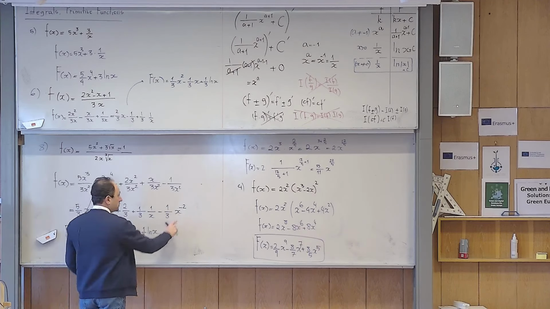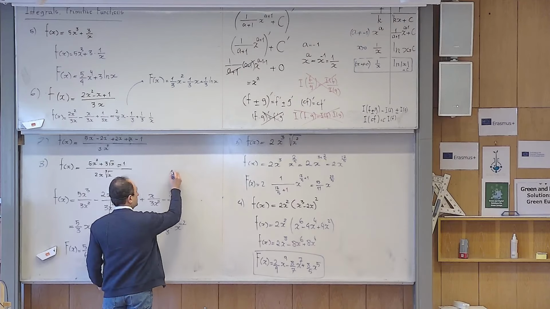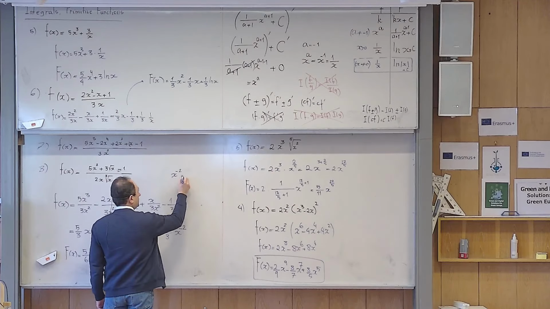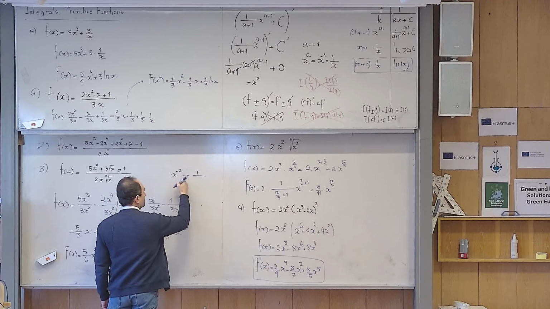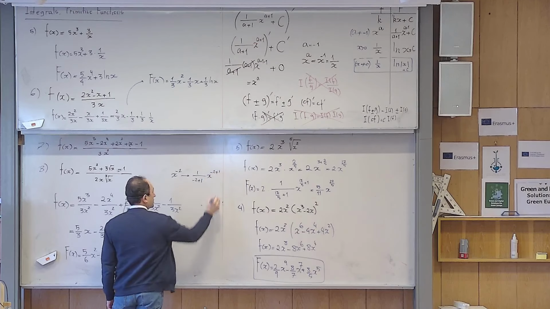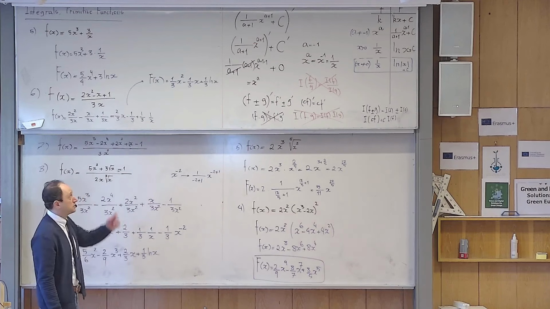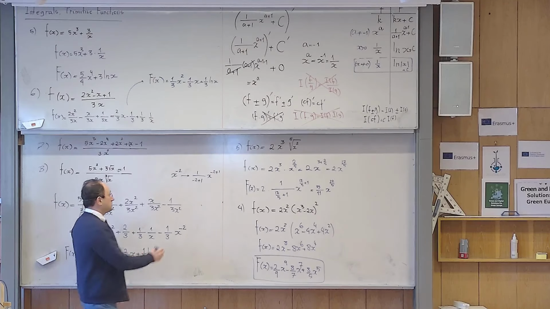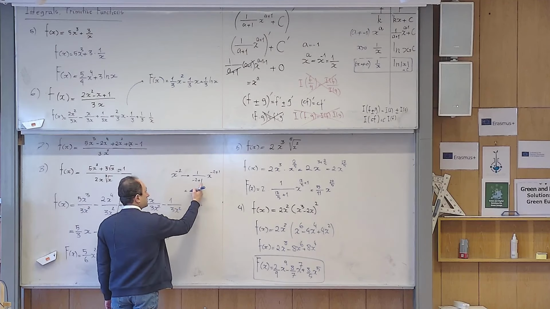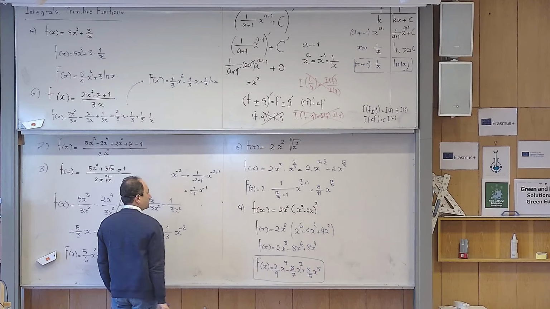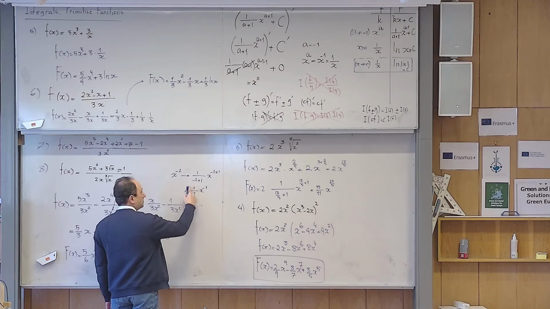But what about this one? Let me write it here once for you. X to the power of -2, it goes to 1 over -2 plus 1, x to the power of -2 plus 1. I'm using the second row formula. But this becomes what? -2 plus 1 is -1. So 1 over -1, x to the power of -1. This becomes simply -1.